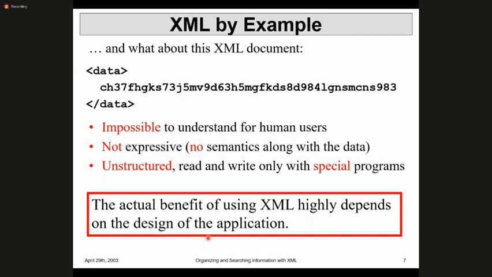It's just a matter of someone eavesdropping and getting the XML file. If it is highly structured and easy to read, what happens? There's no data security at all, right?